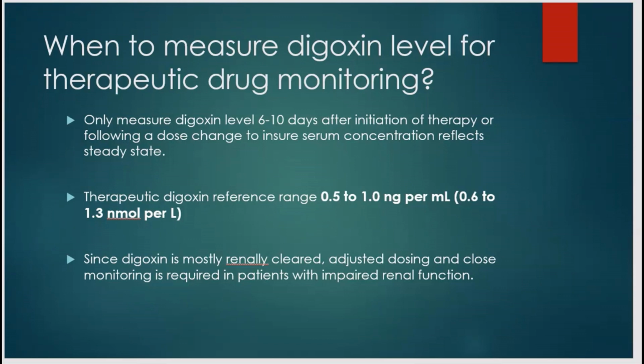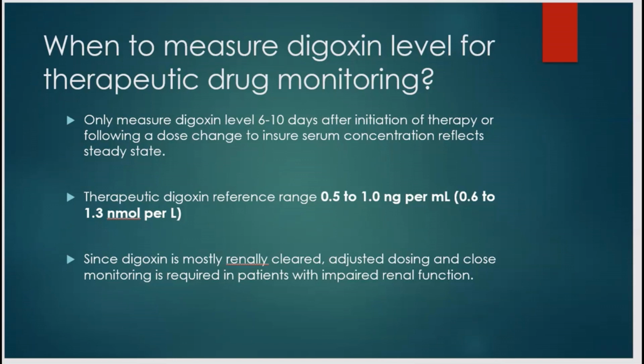The usual reference range is between 0.5 to 1 nanograms per milliliter, or 0.6 to 1.3 nanomoles per liter. Now, this is another drug whose reference range could have different units depending on where you practice, which country, and which guidelines you follow.